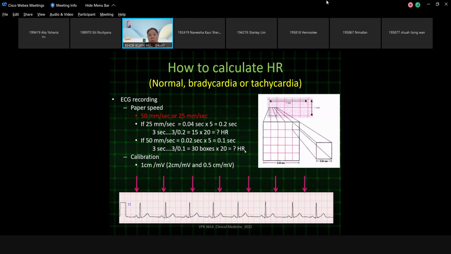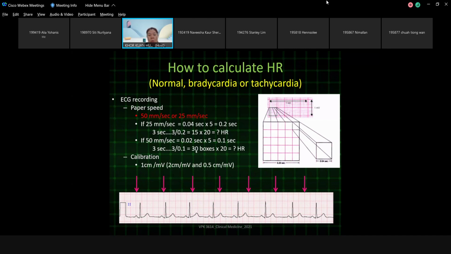All right? So you times 5 boxes, then you know that these 5 little boxes over here are equivalent to 0.1 second. Okay? So for 3 seconds of information, you do 3 over 0.1, you get 30 boxes. All right, 3 seconds times 20, you get your 1 minute.